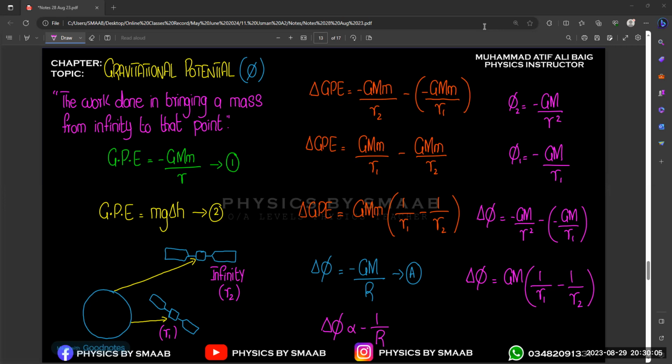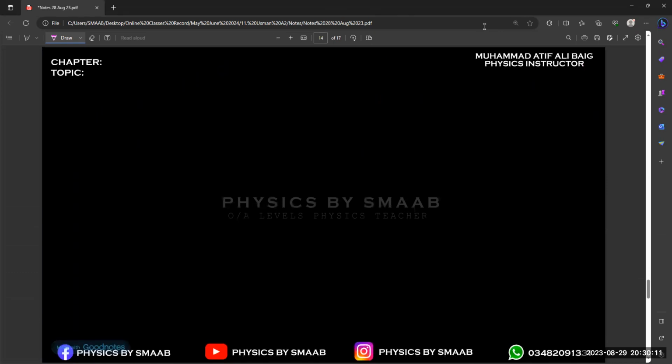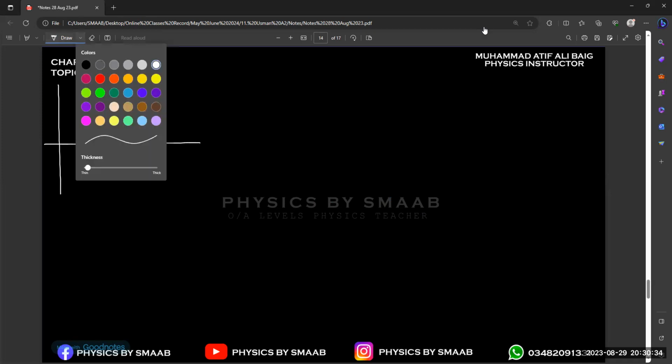So let's suppose if we want to mark a graph for this. Because there is a concept of minus sign and we are going to move with the minus sign also, and there will be exponential change in it, right? It will not be like the discrete one, like a straight line. So we need to mark an exponential graph over here.